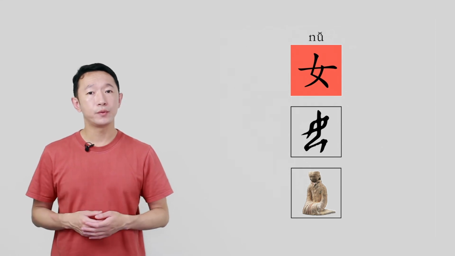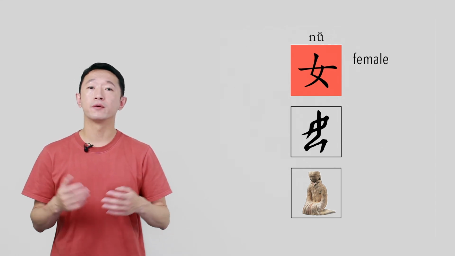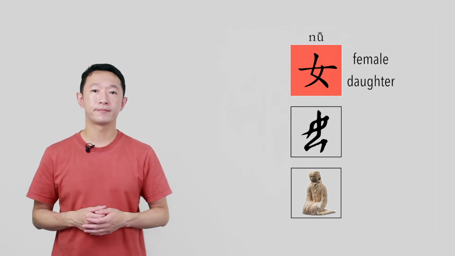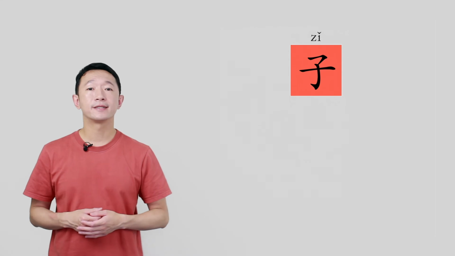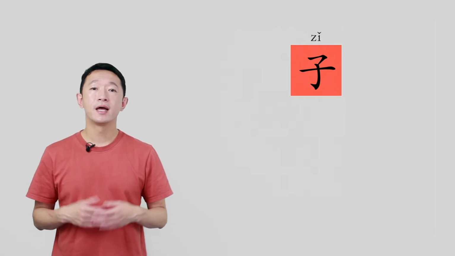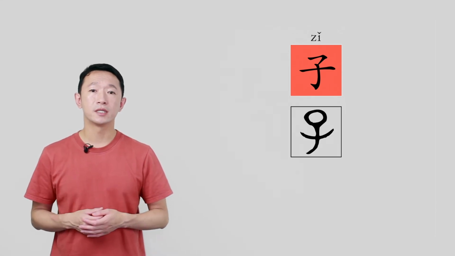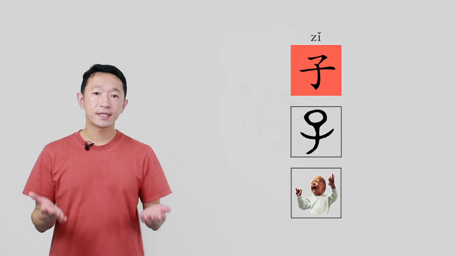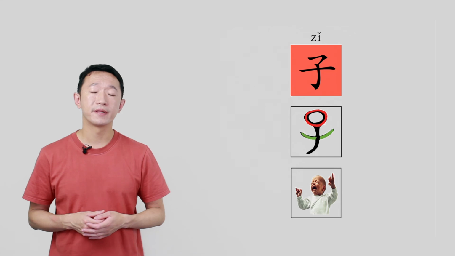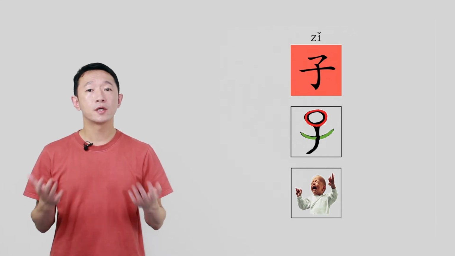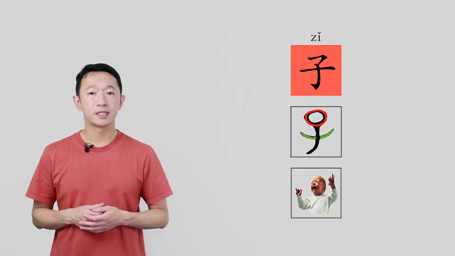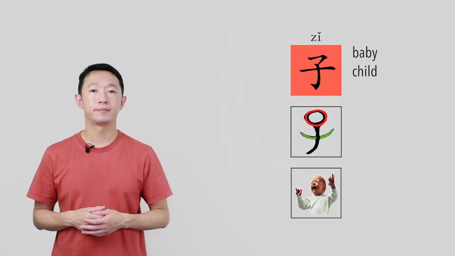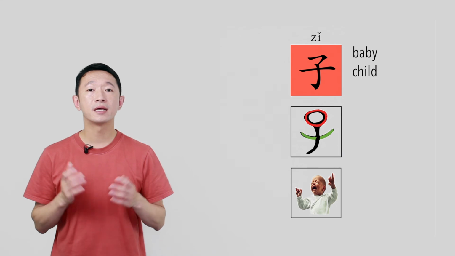So the meaning of 女 is female, but it also means daughter. This character is 子. The Asian form of 子 looks like a baby. You can see the head and the arms of the baby. So the common meaning of 子 is baby or child, but it also means son.